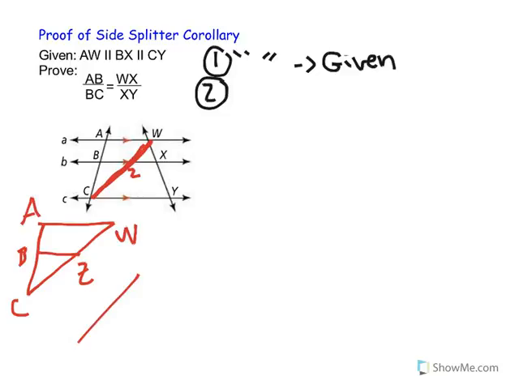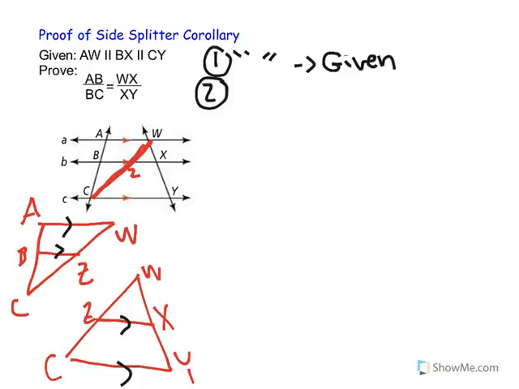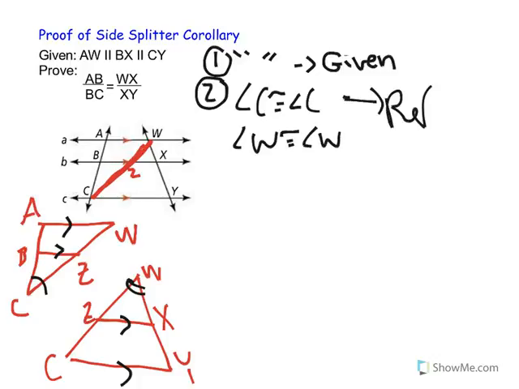So we have those triangles, and we also have another set: W, X, Y, Z, and then C. So, similar to what we just showed in the first one, because the lines are parallel, we're able to get some similar triangles. You have a reflexive angle at C and a reflexive angle at W. So angle C is congruent to angle C, and angle W is congruent to angle W, because they are reflexive.